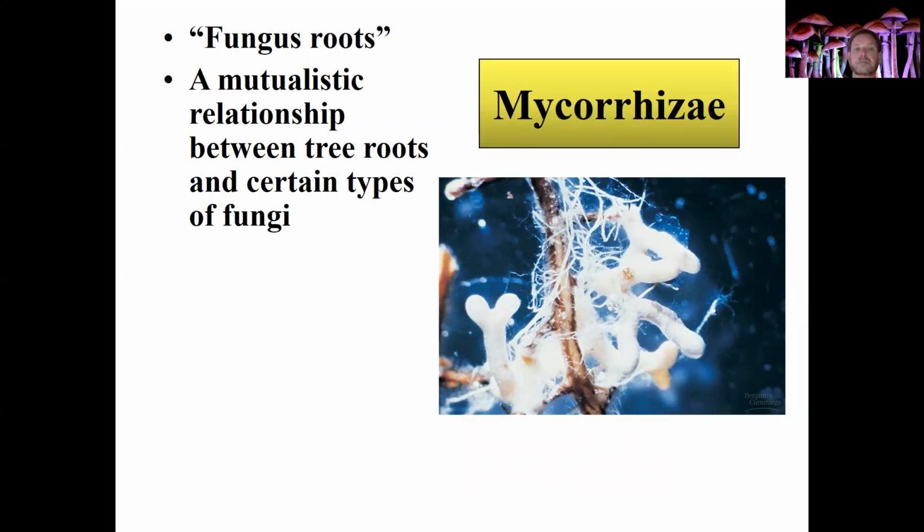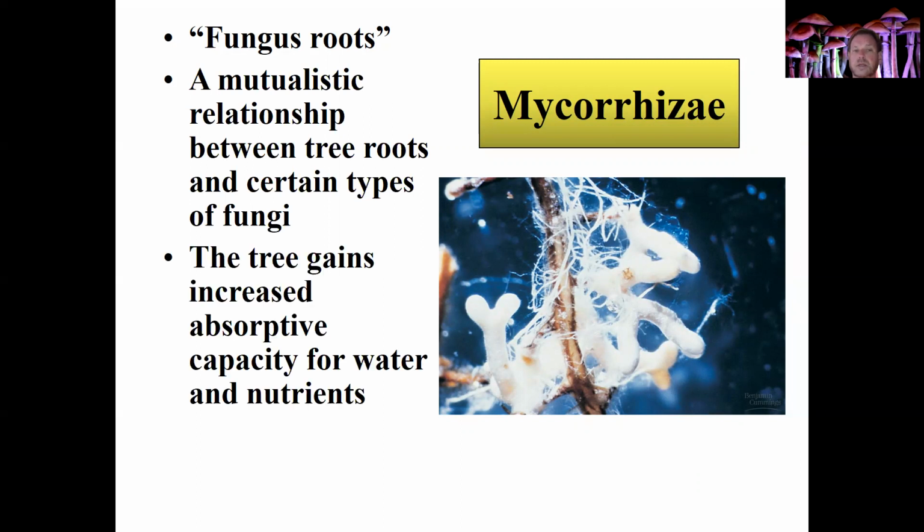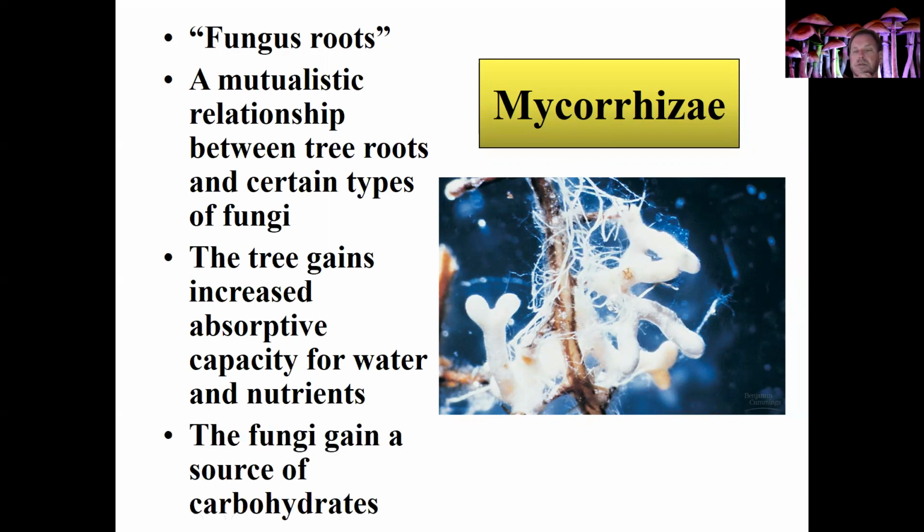It's actually pretty good because it's a mutualistic relationship. The tree gets essentially an enlarged root network for more water and nutrients. And the fungi gets a source of carbohydrates. Myco, fungus, rhizae, root.